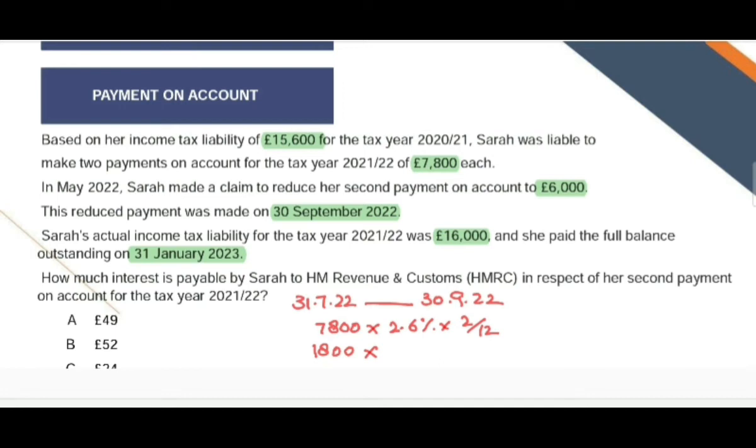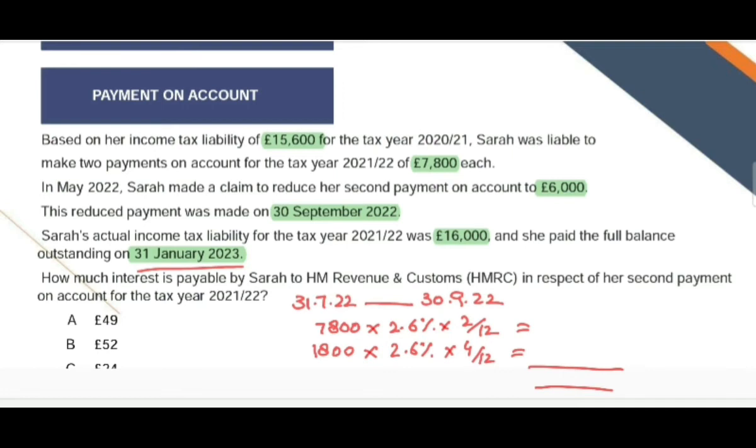It means she paid 1,800 less than the actual amount that she should have paid. Now on this 1,800, from 30th September to 31st January 23, the date of her making the final payment, interest would be charged for the period of 4 months. So this is the total interest that would be charged on her. First, from 31st July, the date of the second payment on account, to 30th September 22, when she actually paid the second payment on account, she paid nothing.